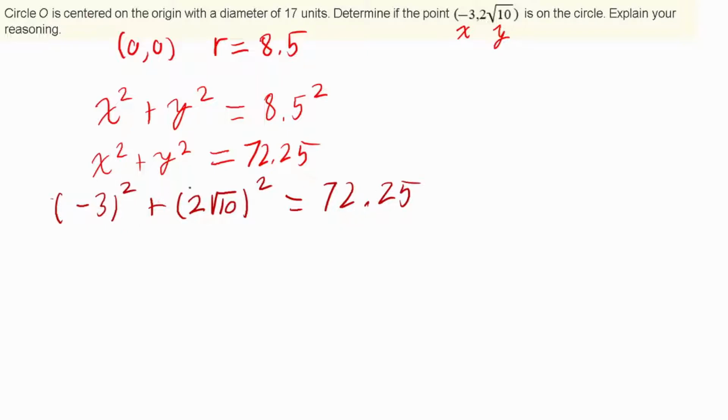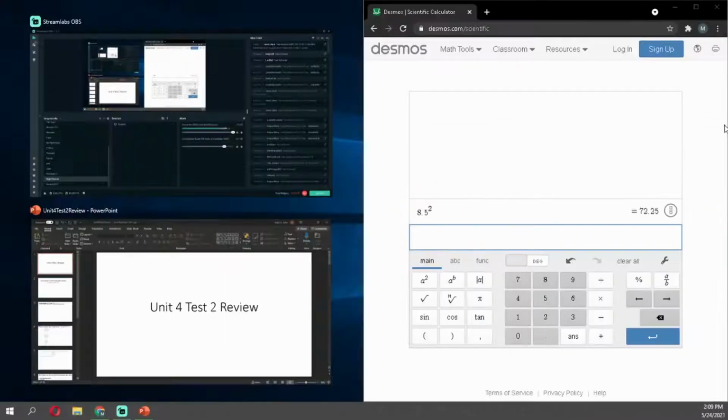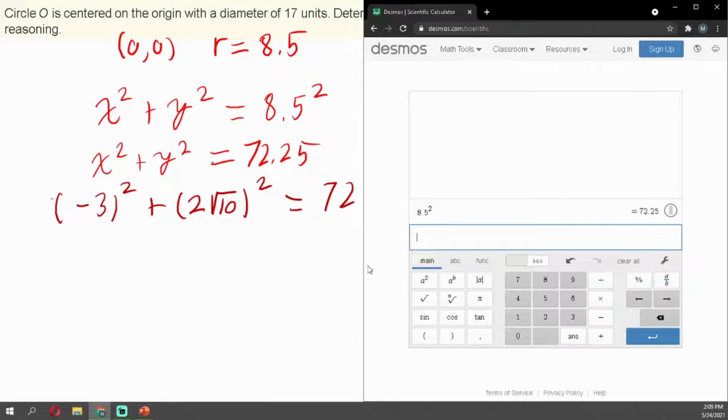So now I can't do this in my head, right? Well, I could, but you might not be able to. So what can we do? Oh, that's right. We could open our Desmos scientific calculator. So we could just put it right in. So we get open parentheses, and then we just put -3, close parenthesis, plus, open parenthesis, 2√10.